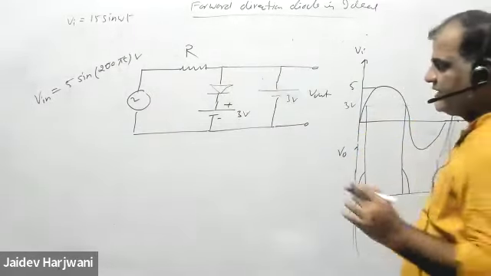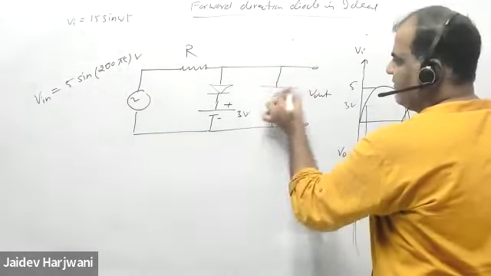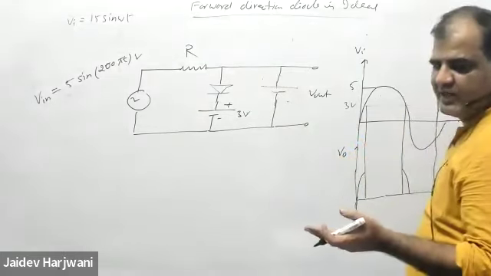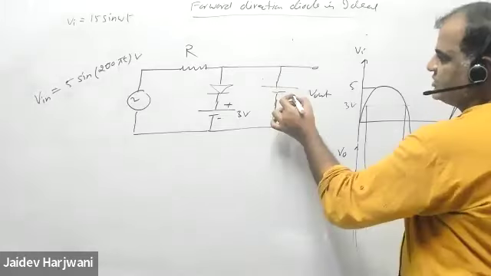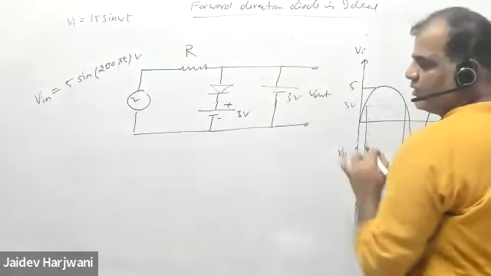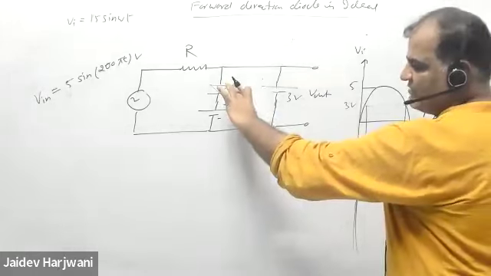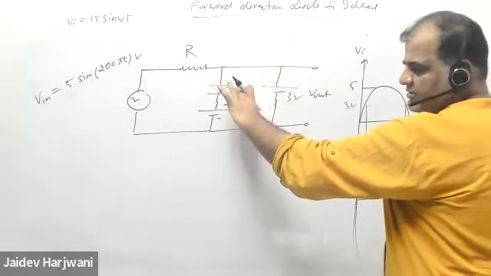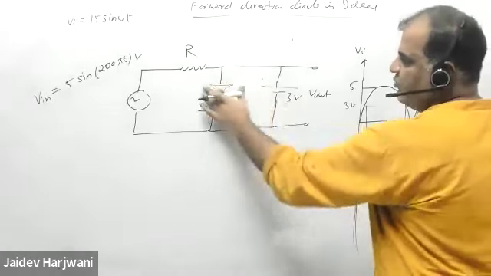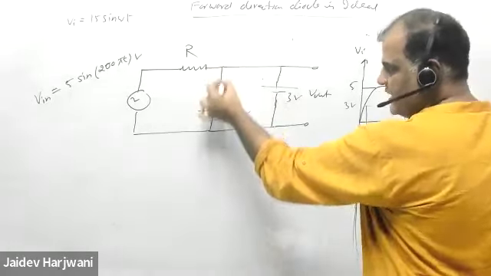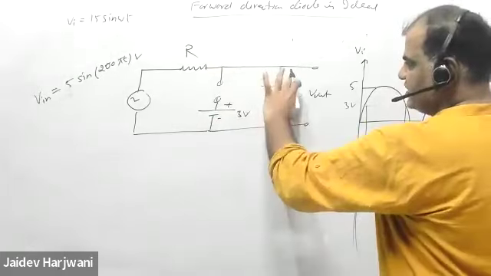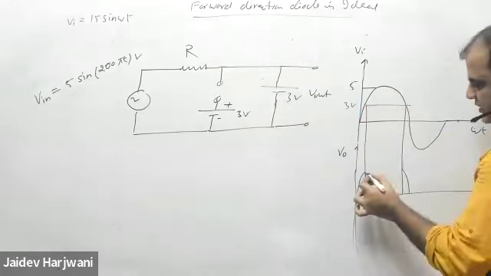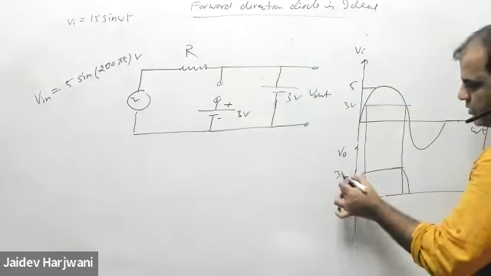I told you whenever diodes are in parallel, you have to see which branch requires lesser voltage. So at 3 volt, this is on, but the other cannot be on. So current will flow through this branch, and the output will become fixed at 3 volt.